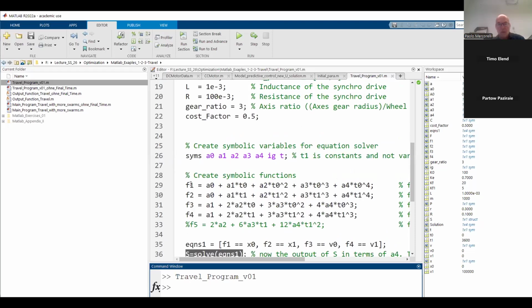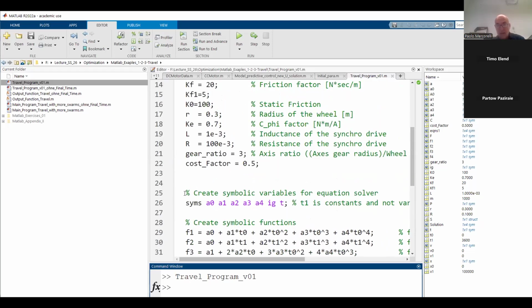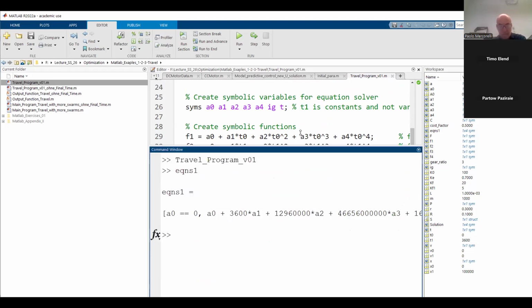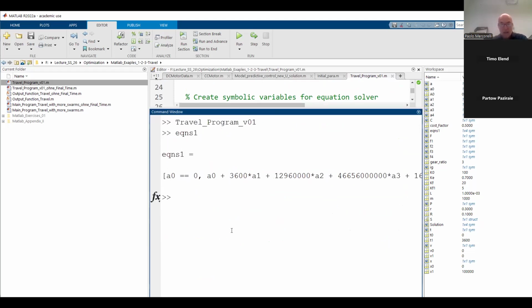Let me show you what this equation is. Yeah, look. In accordance with the condition, I have directly, as I told you before, A0 equals 0.